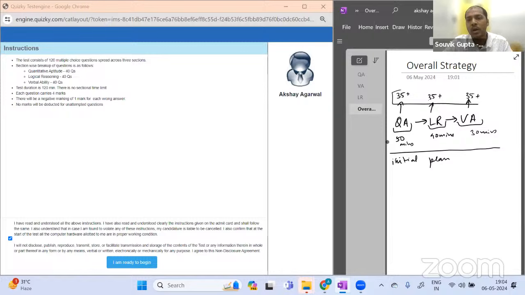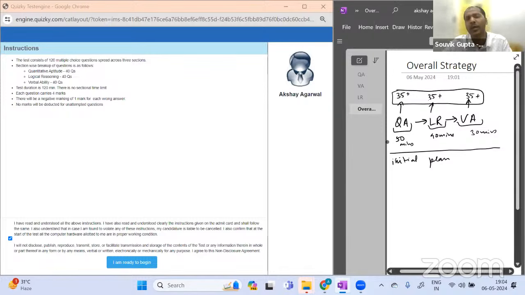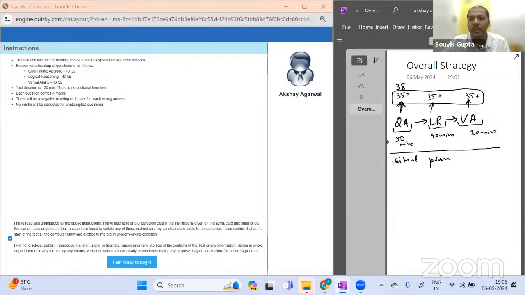That would mean around 105 questions at least. However, if any section turns out to be difficult, for example VA for me, I could try 37 or 38 questions in QA and maybe 33 questions in VA. That would be feasible for me because I am a quant expert.